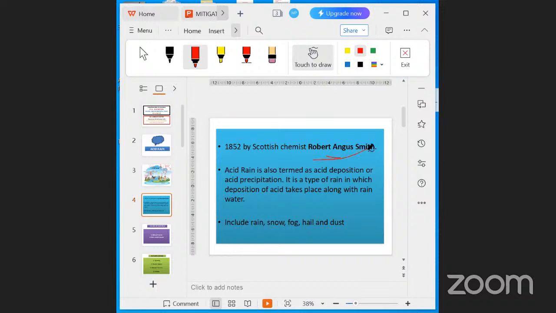According to the Royal Society of Chemistry, which calls him the father of acid rain.